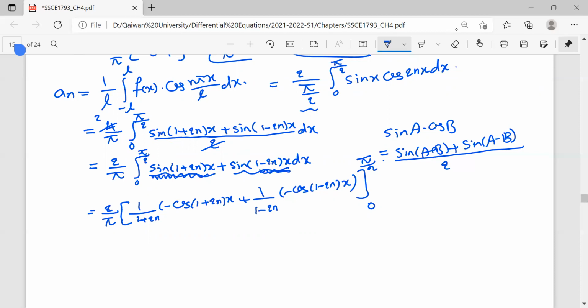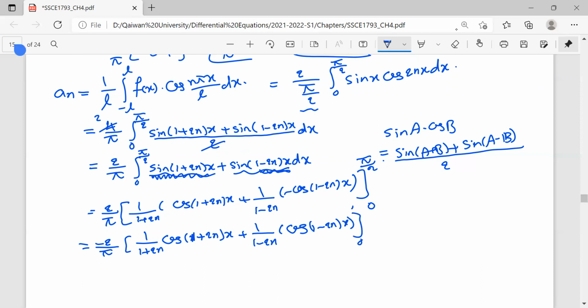If we take the negative sign as common from this and that one, we get minus 2 over pi times 1 over 1 plus 2n cosine (1 plus 2n)x plus 1 over 1 minus 2n cosine (1 minus 2n)x, from 0 to pi over 2.